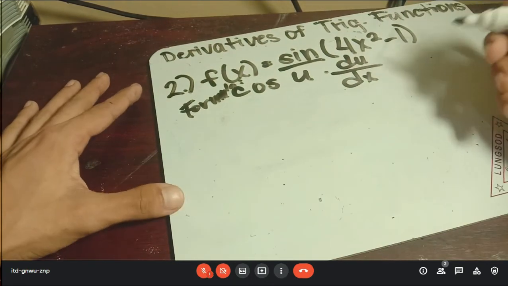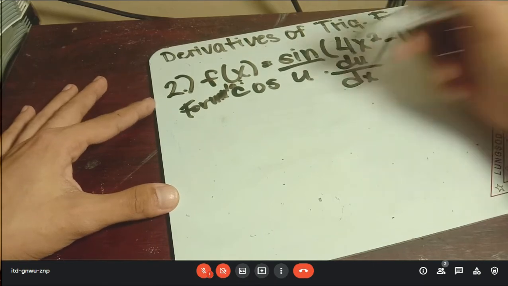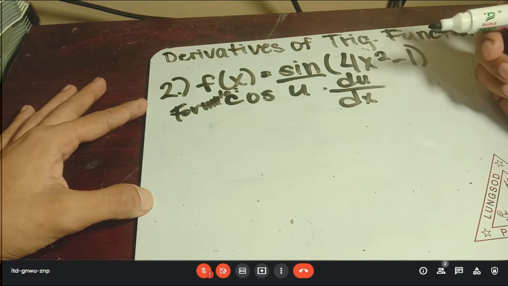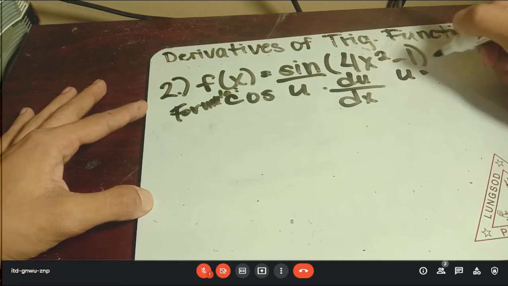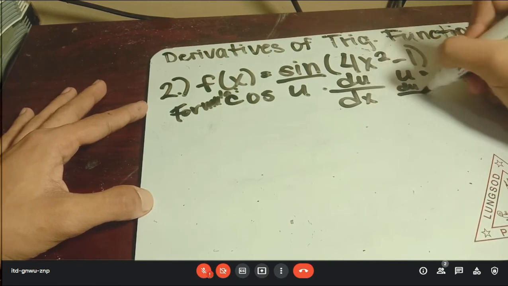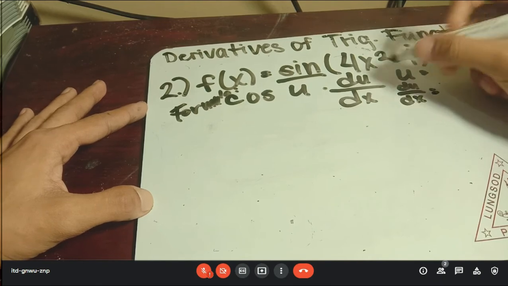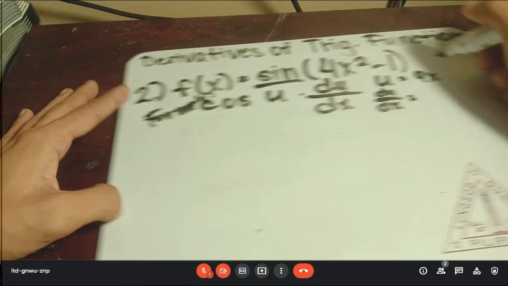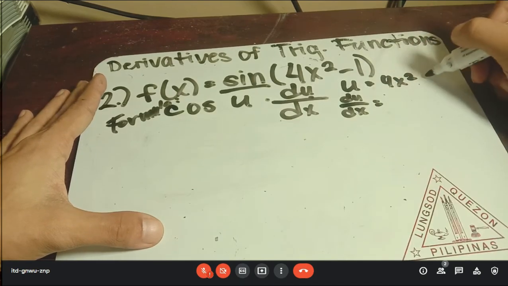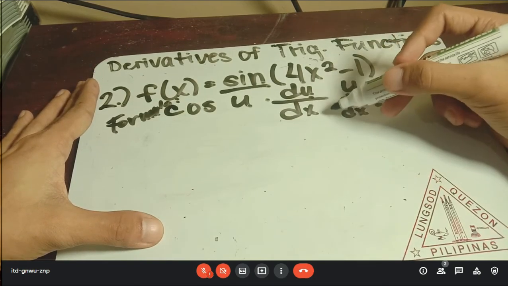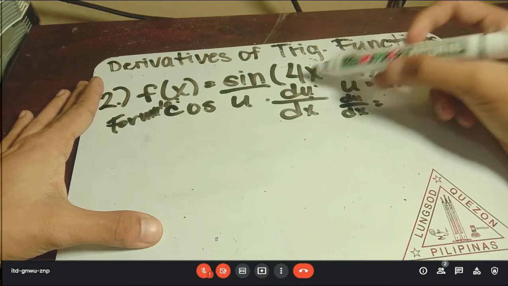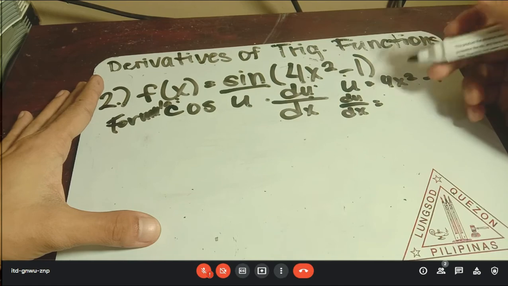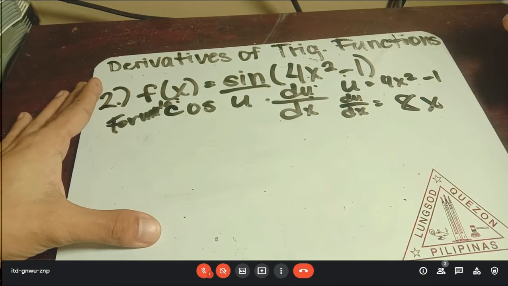So, ngayon, kagaya ng ginawa natin kanina, alamin natin kung ano yung u and du over dx natin. Yung u muna natin ay 4x squared minus 1. So, yung du over dx natin ay yung derivative lang ng 4x squared minus 1, which is 8x.